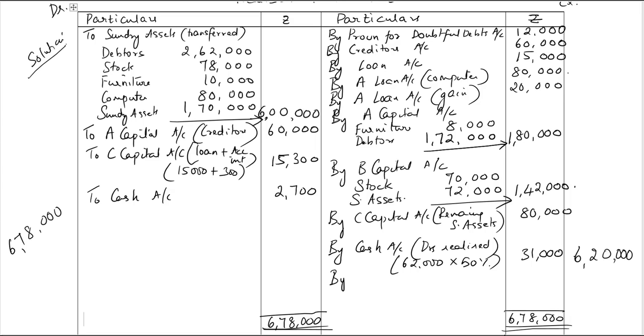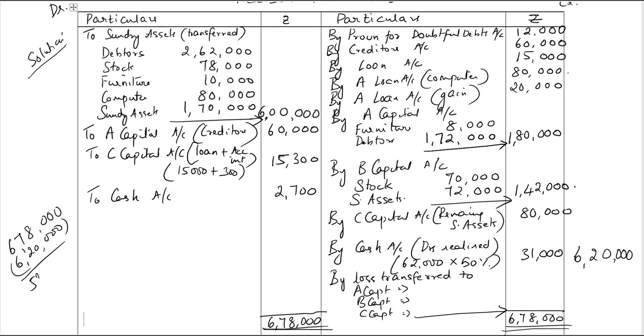By loss transferred to A capital account, B capital account, and C capital account. The total loss, 6,78,000 minus 6,20,000, is 58,000.